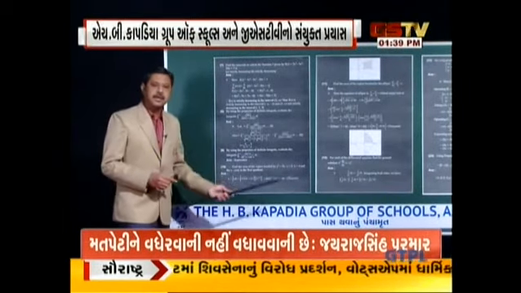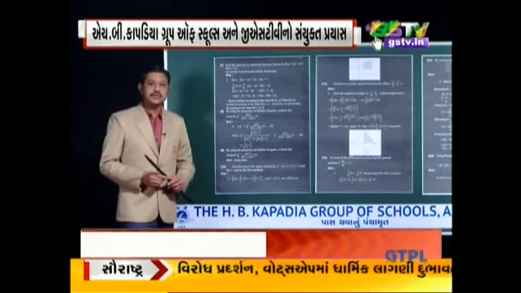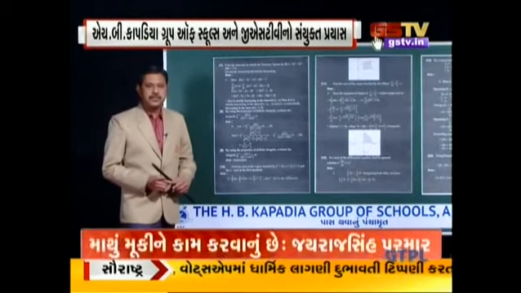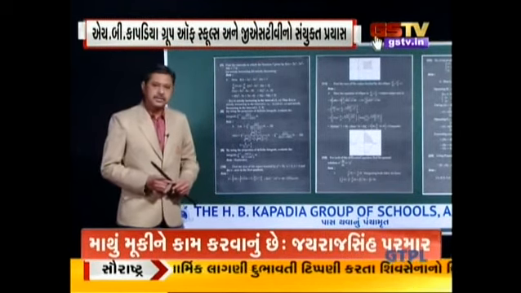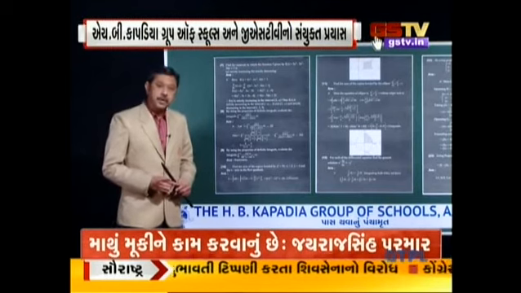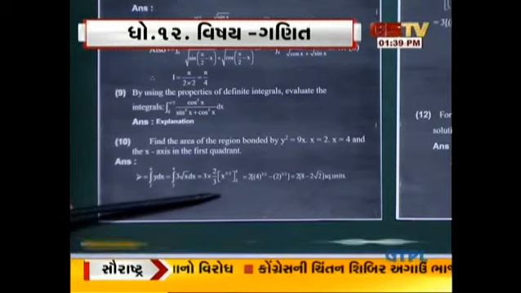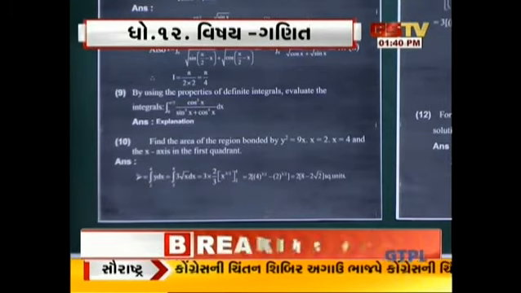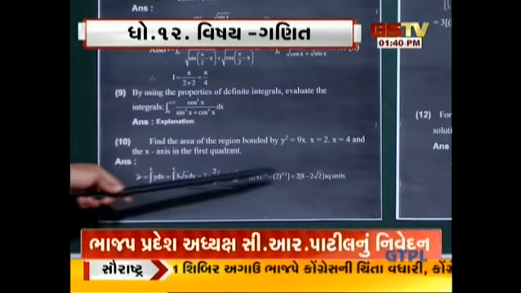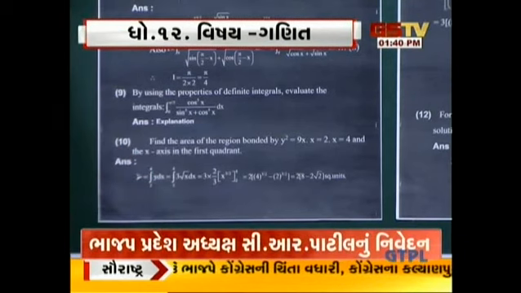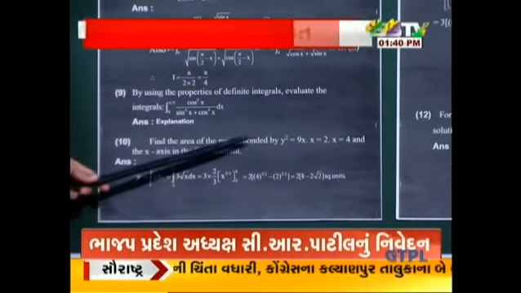Students, we apply here the integration result for x raised to n: the integration of x raised to n is x raised to n plus 1 upon n plus 1. So here x raised to 3 by 2 upon 3 by 2, we write the inverse as 2 by 3, and by applying the limit we get the result.